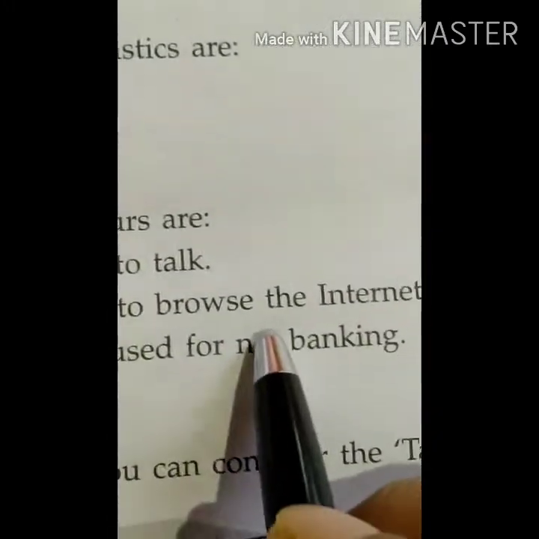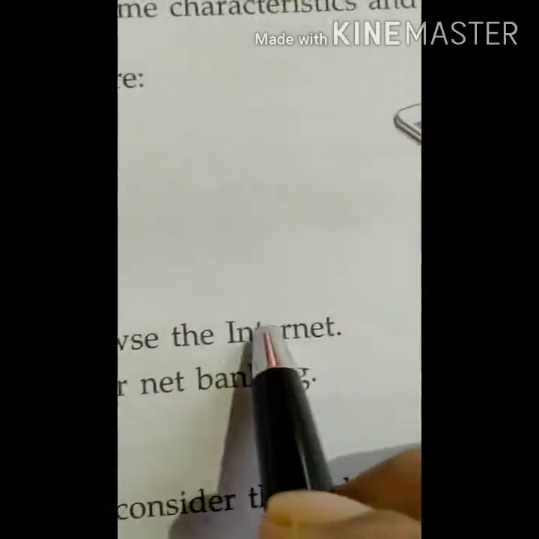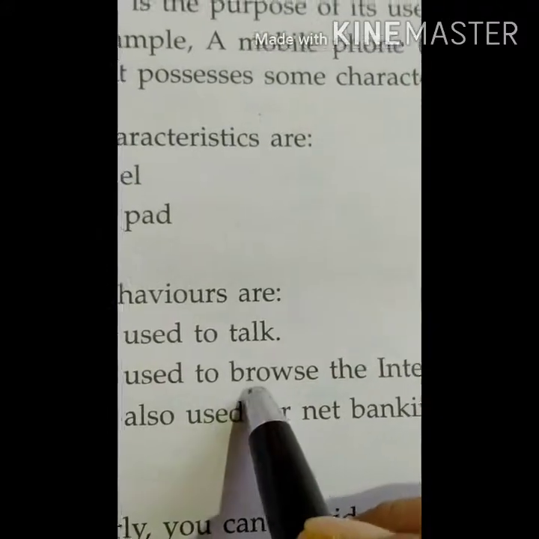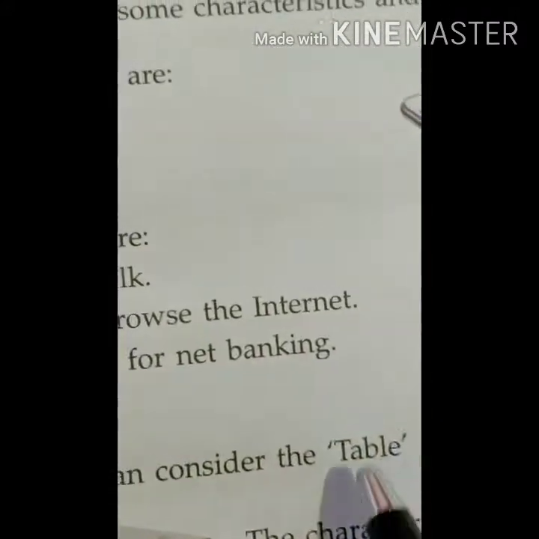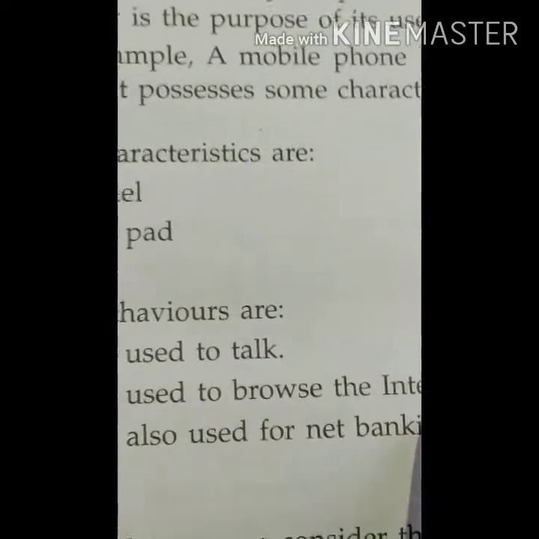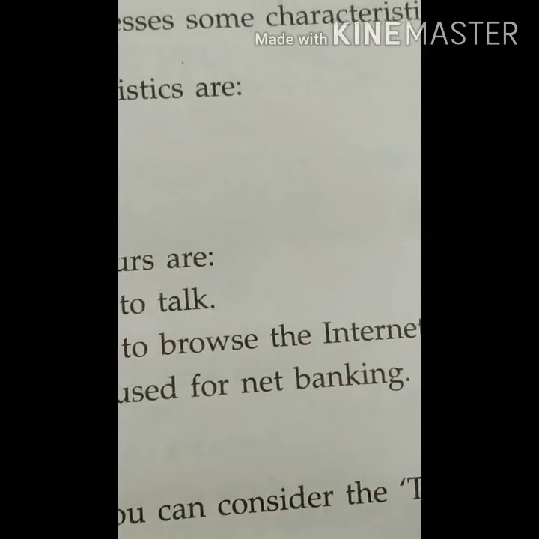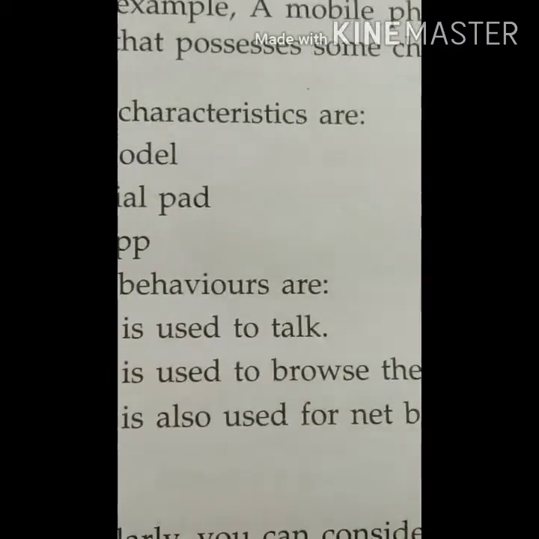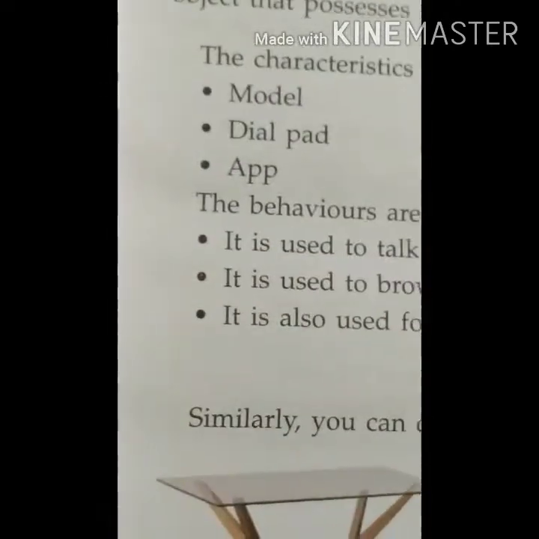So this is common behavior. It is used to browse the internet. These days mobiles must have internet browsing. It is also used for net banking. Mobiles we can use for net banking if we have an internet connection in our mobile.